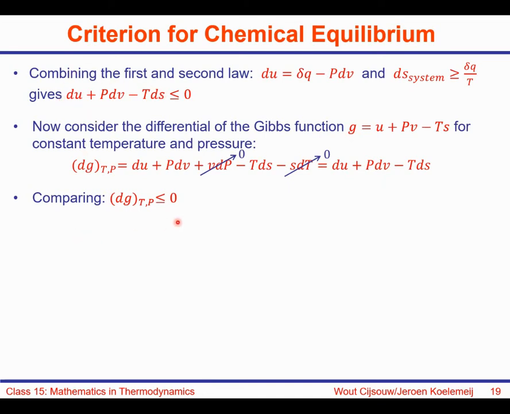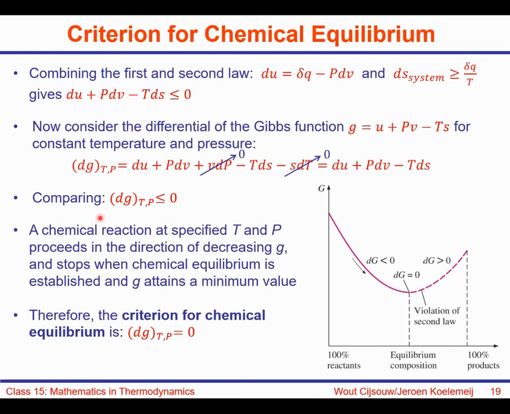So we find that the differential dG should always be 0, or should always be less than 0. And what actually is happening while a chemical reaction takes place, the Gibbs free energy will be decreasing and decreasing until it reaches a minimum where this dG becomes 0, and that's it.